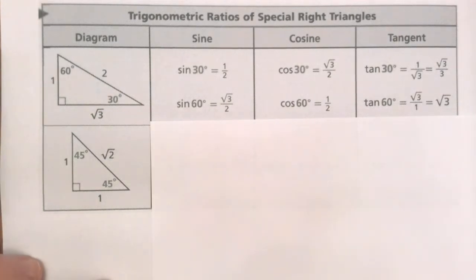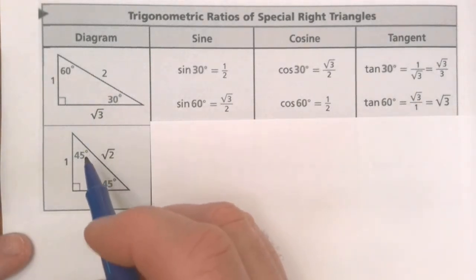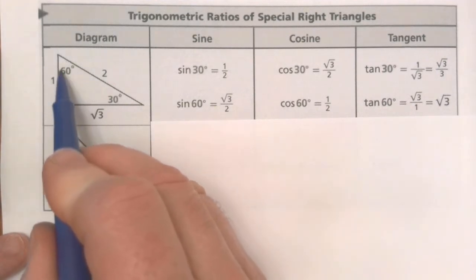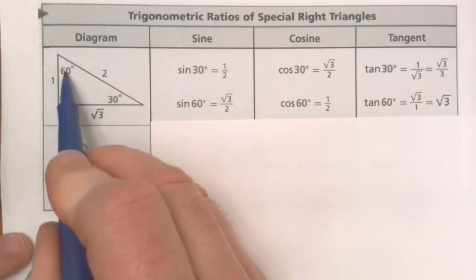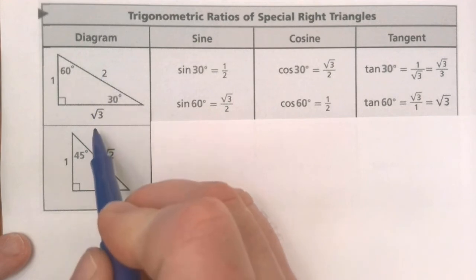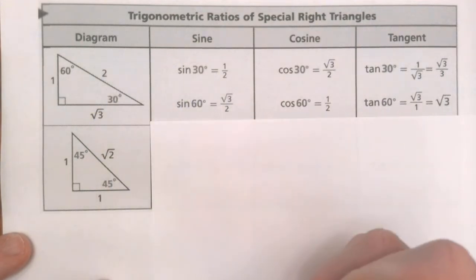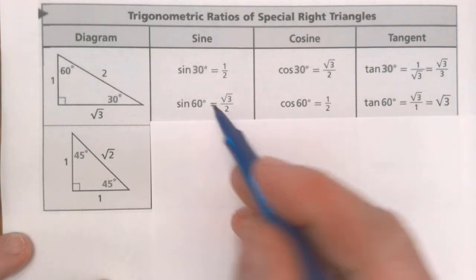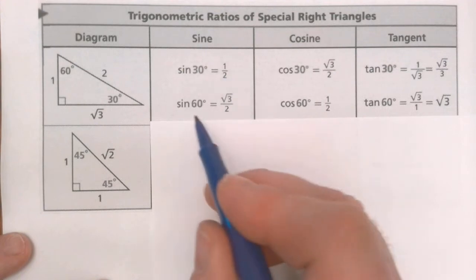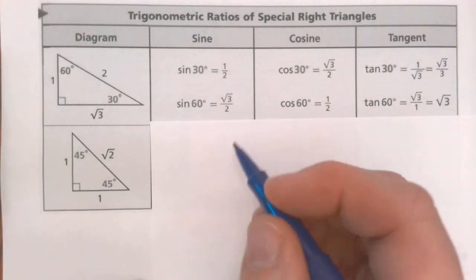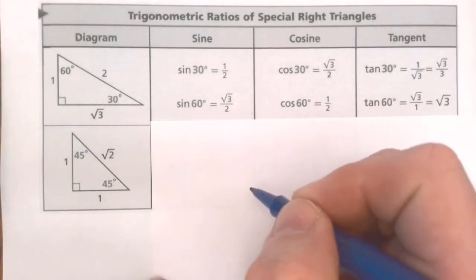Similarly, for the sine of 60 degrees, looking here at our angle, the opposite over the hypotenuse would be the square root of 3 over 2. So the sine of a 30 degree angle is a half, and the sine of a 60 degree angle is always the square root of 3 over 2.